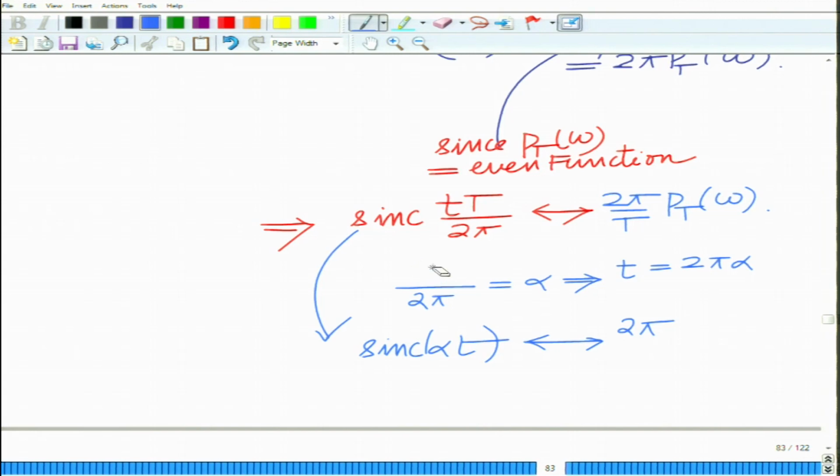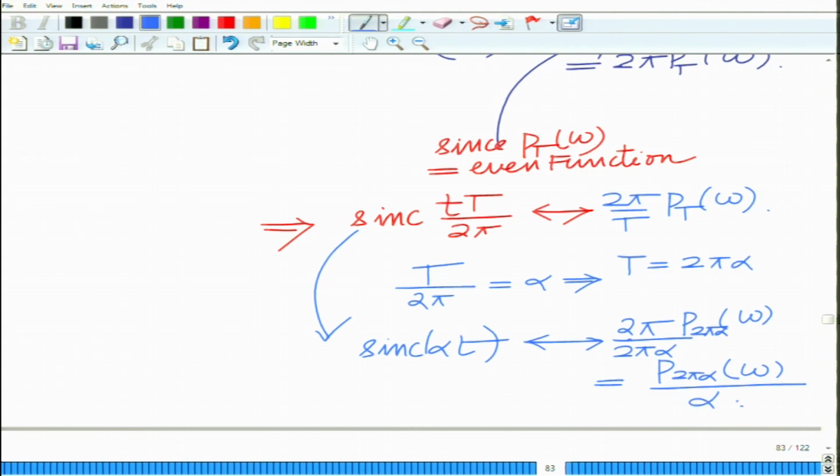I am sorry, I am setting t over 2 pi equals alpha. So, t equals 2 pi alpha, and you will have 2 pi over t will be 2 pi over 2 pi alpha, and p of t is p of 2 pi alpha omega, which is nothing but p of 2 pi alpha omega divided by alpha.